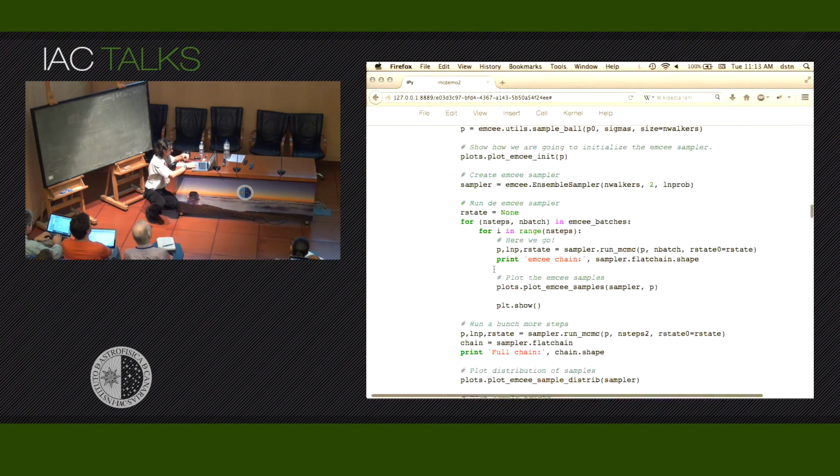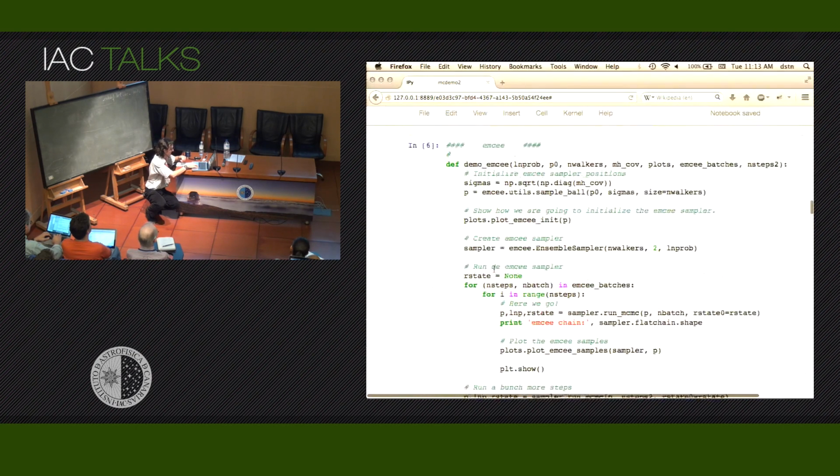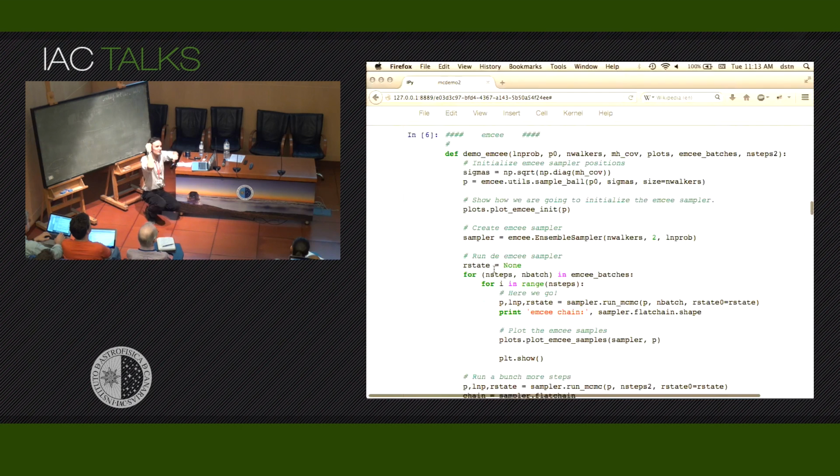Sorry, this is not very compelling. So as far as actually running, like loading the MC library, building the sampler, and so on, this is sort of what it looks like. Okay, so initializing the sampler.